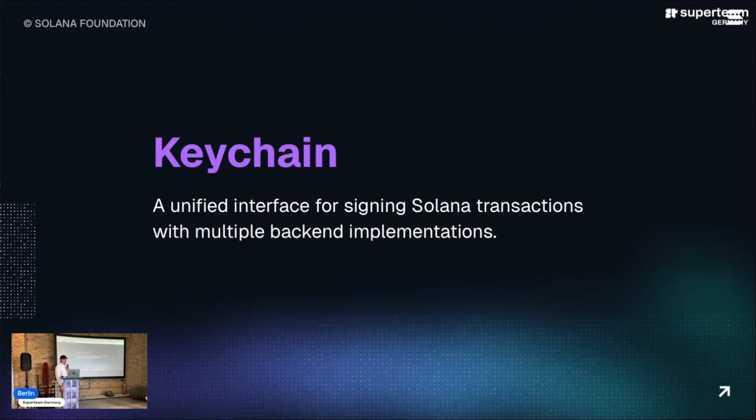Another really cool tool that came out, or I don't know if it's actually released yet, but it's already in production by some teams on Solana. It's called Keychain. And what it is, it's a unified interface for signing Solana transactions with multiple backend implementations. So at the moment, if you send a transaction, you probably always use your Phantom or Solflare wallet, or you have a local key pair.